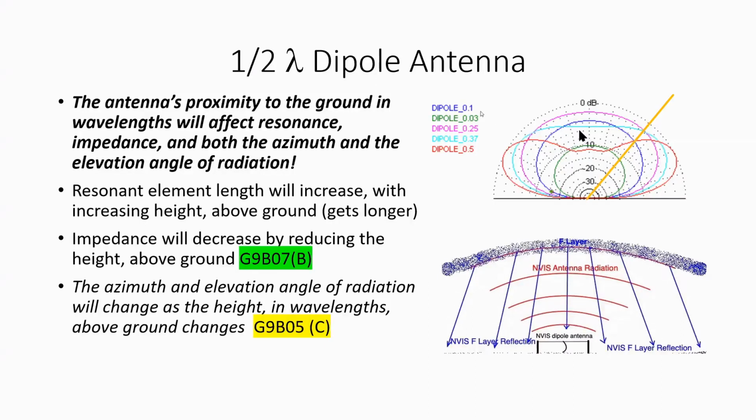The blue line is a tenth of a wavelength from the ground. And the green line, which is way down here, is 0.03 wavelengths from the ground, which is probably just a few feet. But you can see that with the 45-degree angle, most of the energy is going vertical. This is a near vertical incident antenna.